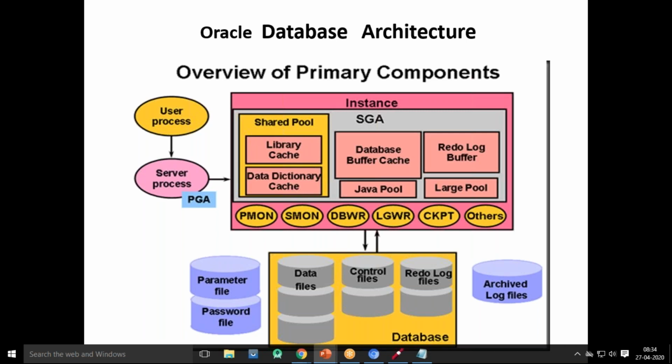The server process will just monitor whenever the user is firing some query, like inserting the records or selecting and viewing the records or whatever it is. The server process has the responsibility to monitor whether that request by the user process is being satisfied, being completed, successfully completed or not.